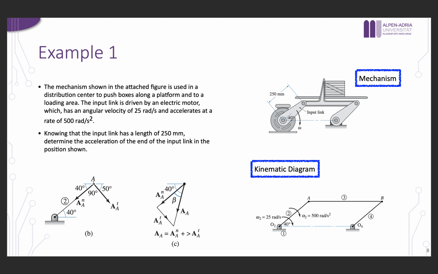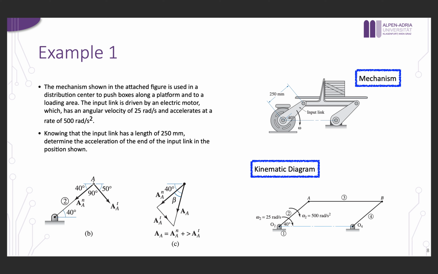Whenever we want to get the acceleration of point A, we look at what kind of movement it has. It has rotational movement. Since we have rotational movement, that means we have two components: the tangential and the normal. If it has straight movement, like moving on a slide or a prism, it has only tangential acceleration.